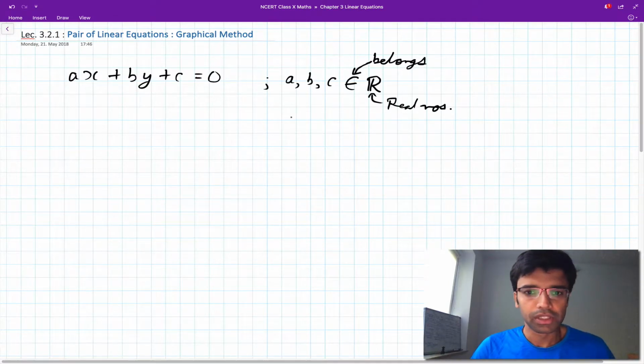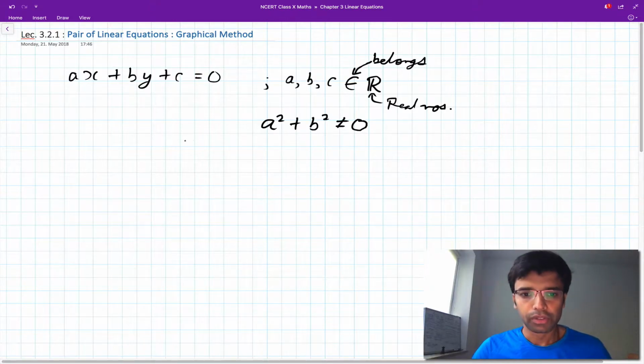One more condition that these coefficients should satisfy is that both a and b should not be 0 at the same time. Another way to write it would be a square plus b square is not equal to 0. If you think a bit about this expression, a square will always be positive, unless a is 0.